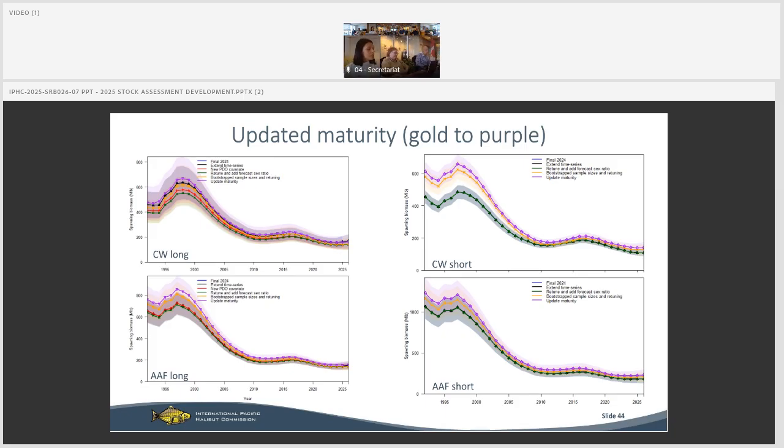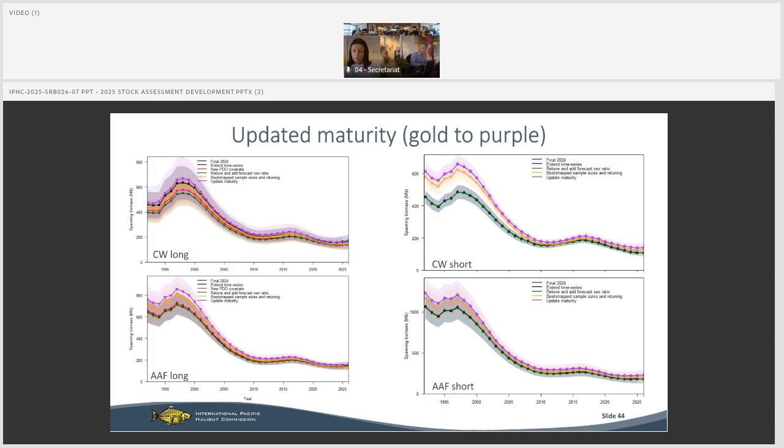It's a reminder. In last year's process, we had a lot of people focusing on the amount of spawning biomass. Discussion about 150 million pounds versus 200 million pounds of spawning biomass, and you realize when we look at results like this that a small change in our understanding of the biology, all of a sudden we have a different estimate of spawning biomass.